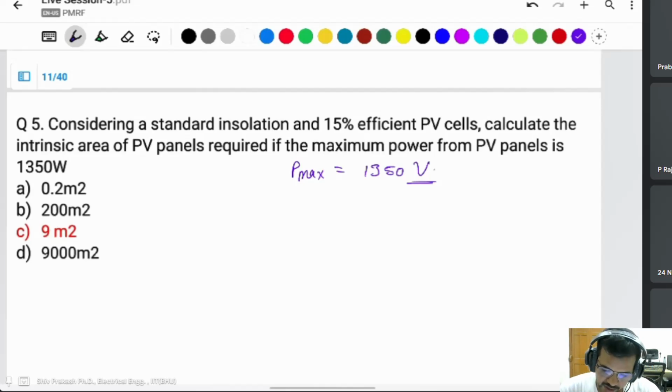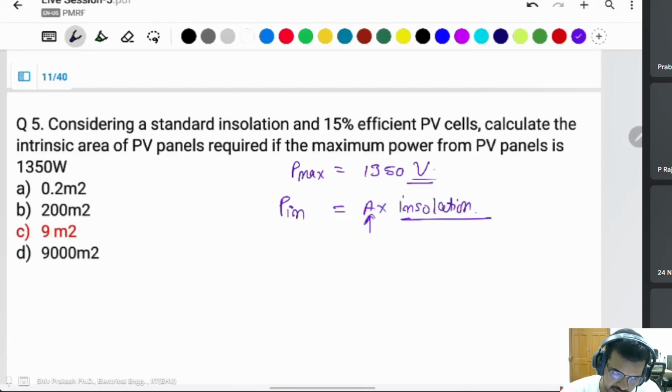We know the input power of PV cells is area into insolation. This area is the cell area only, where the PN junction is present, for one cell, two cells like that. This area is known as the PV cell area, and insolation is given as the standard insolation.